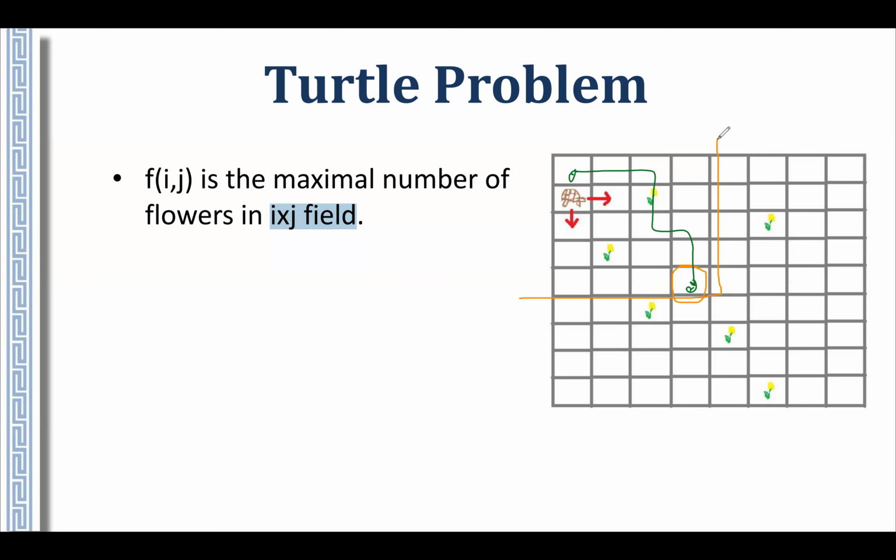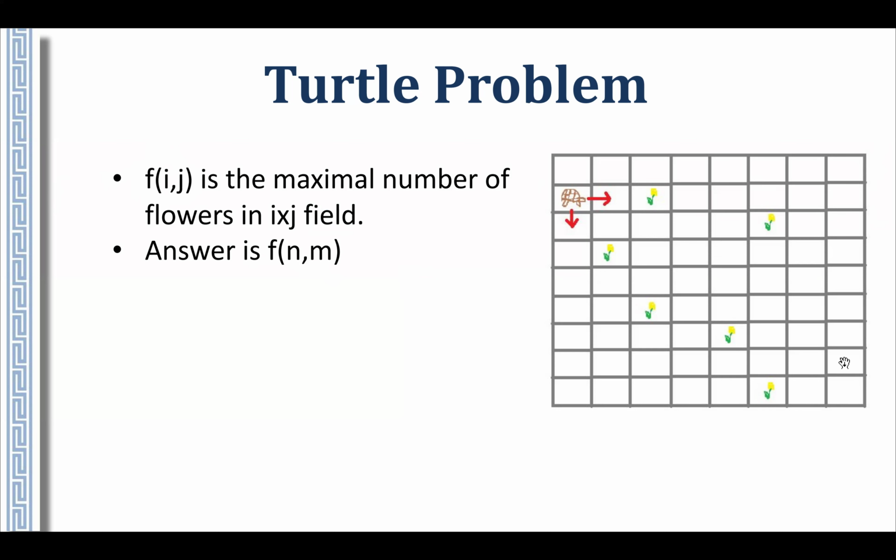So it is the maximum number of flowers exactly for the cell i, j. And if we consider the problem like F[i][j], then F[n][m], when we look at the whole field, is exactly the solution for our whole problem.